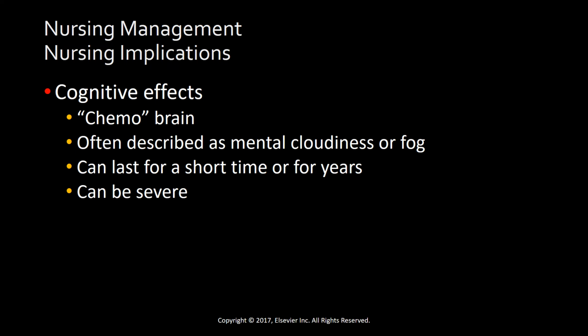Although the brain will usually recover over time, some of the effects can last a short time or for years. And the effects can be so severe that patients may be unable to be involved in activities and other things that they would participate in prior to receiving chemotherapy.